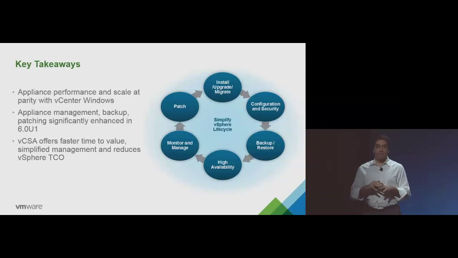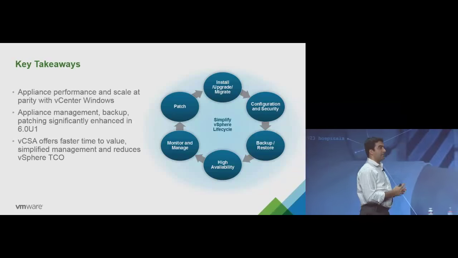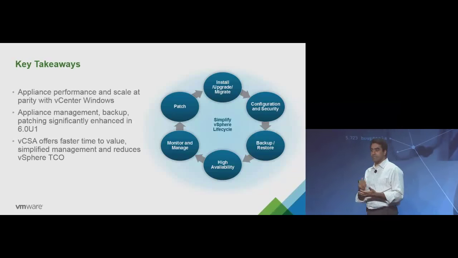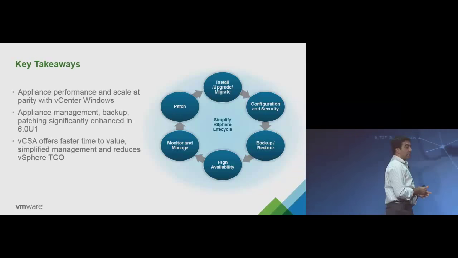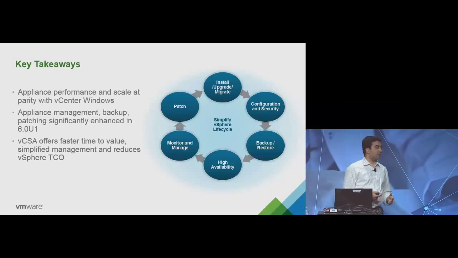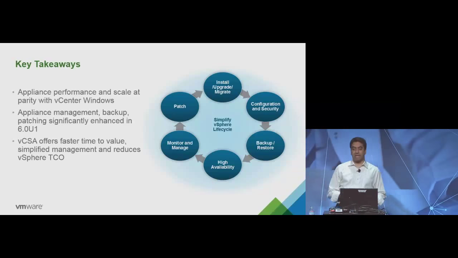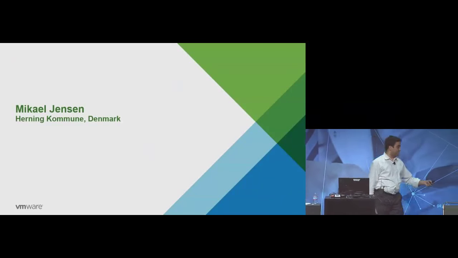And we think the appliance really offers a good model for faster time to value, and reduces your cost because it's Postgres and SUSE, so it's free. You don't have to pay for Windows and SQL licenses for those who care. And it definitely reduces your total cost of ownership of vSphere. So with that, I'm going to hand it over to Miguel to give us his story.